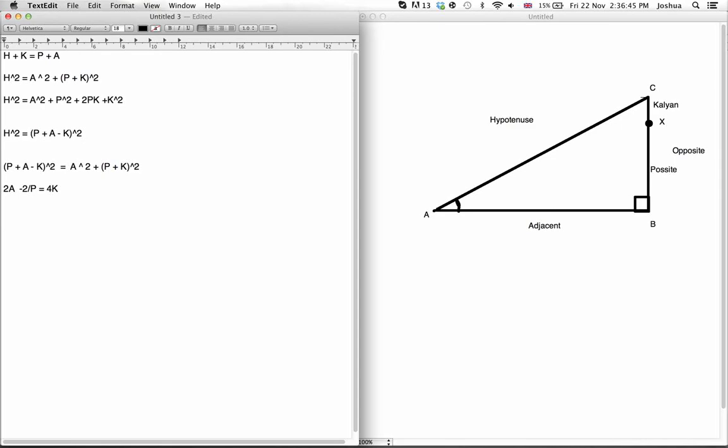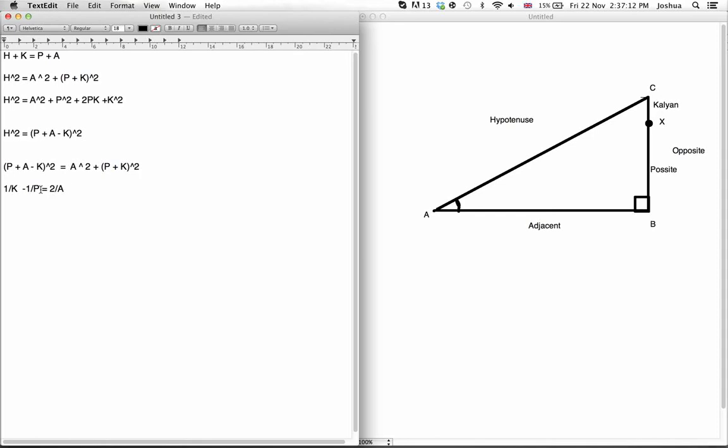This gets divided by AK to give 2 divided by K. And this gets divided by AK to give 4 divided by A. We can divide everything by 2. So you get 1 over K minus 1 over P is equal to 2 divided by A.